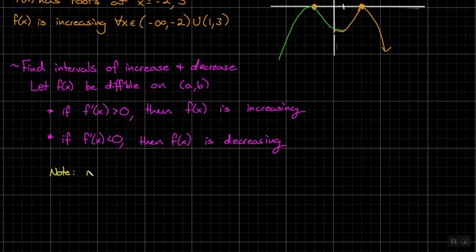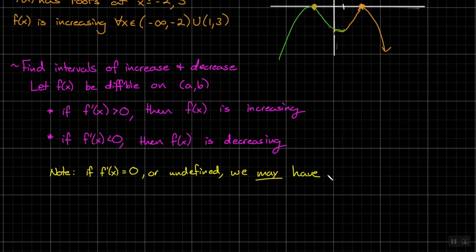If f prime of x equals 0 or undefined, we may, and I'm going to underline that, we may have what? If I find where the derivative is 0 or it's undefined, we might have a something. And this is what we talked about last week. Think about it. An extrema, right?